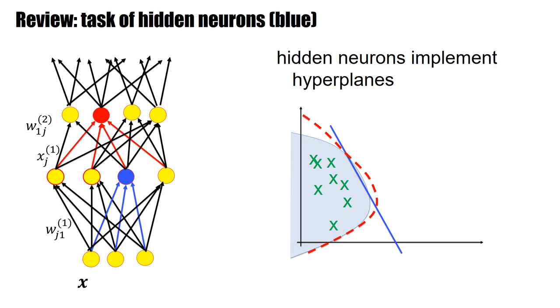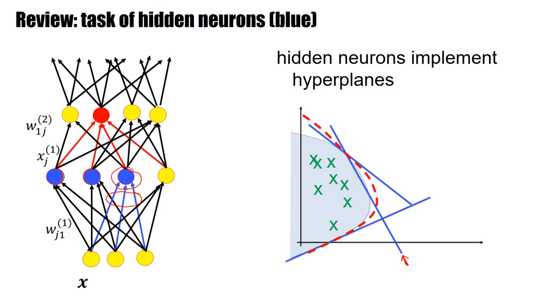Each of the neurons implements a hyperplane. Here, a hyperplane in the input space. This hyperplane here is implemented by one of the neurons, and the position of the hyperplane is defined by the weight vector, the set of weights of that specific neuron. So this is one of the hyperplanes. Then there's another neuron implementing another hyperplane.